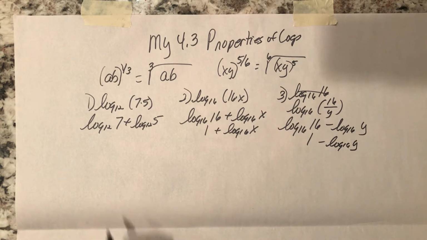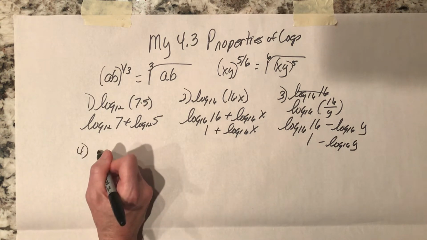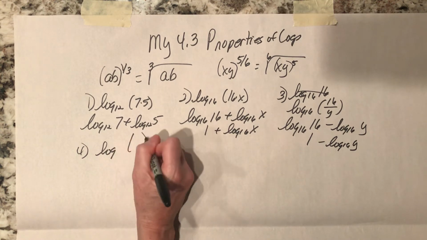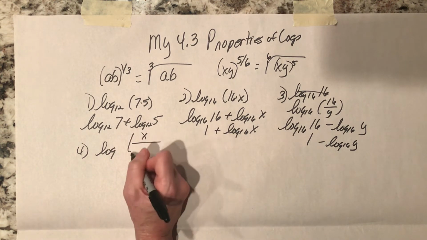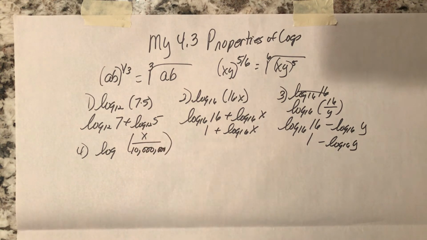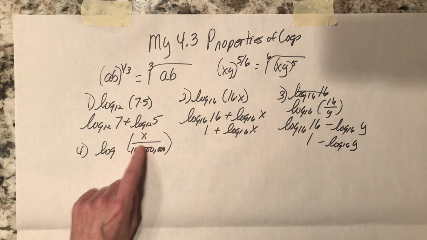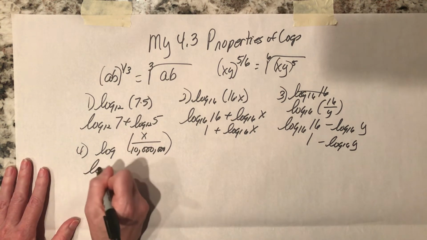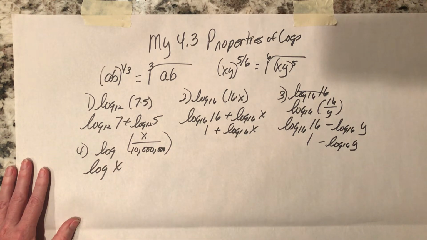All right, number 4. Got common log, so you know there's a 10 there, of x over 10 million. This is a quotient, this is a division problem, so we'll treat it as a subtraction of logs. Log base 10 of x, there'll be no simplifying going on there.